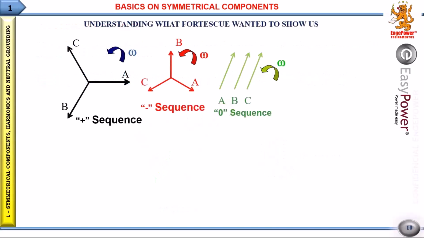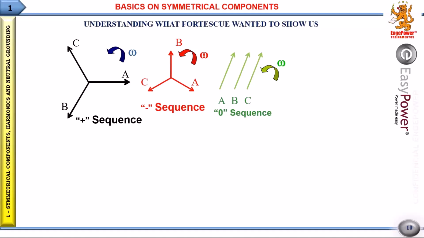Understand what Fortescue wants to show us. This slide was created with the aim of showing what the Fortescue tool provides. From the symmetrical components, we are going to perform the phasor summation to reach a phase magnitude.